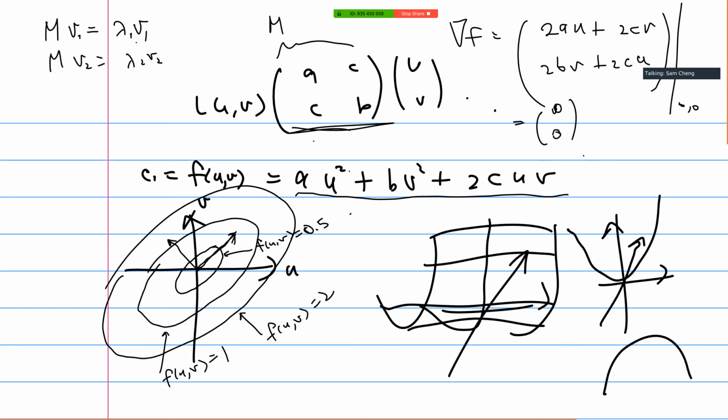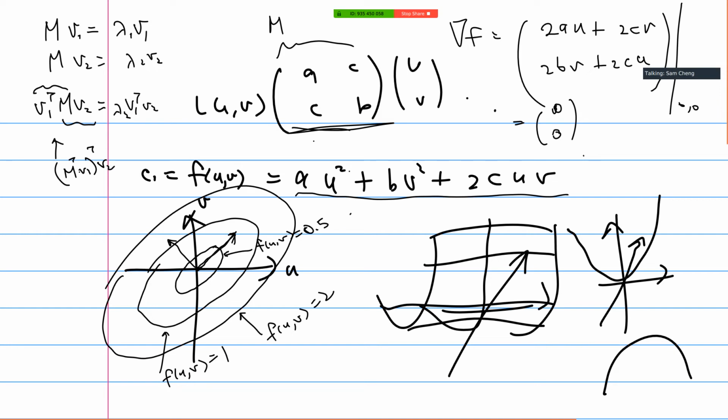You can quickly show that because I can write v1 transpose M v2. If I look at this side here, I will have v1 transpose lambda 2 v2, right? But I can also look at this side here. This side is basically (M v1) transpose, or M transpose v1 transpose times v2.